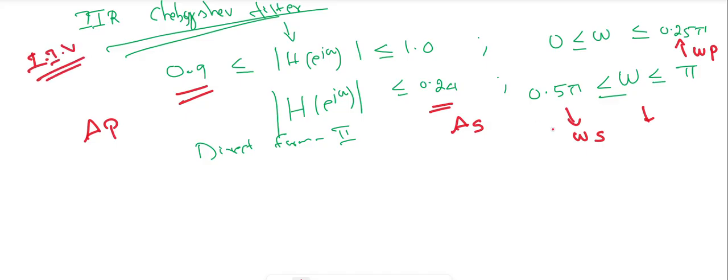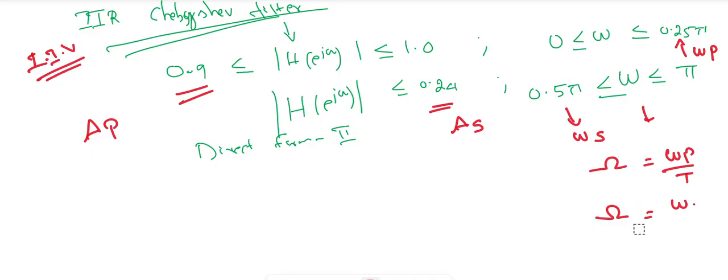In that case, omega p equals omega p by T, and omega s equals omega s by T. So for the impulse invariant method, omega p is equal to 0.25 pi by T. Take T equal to 1 second.